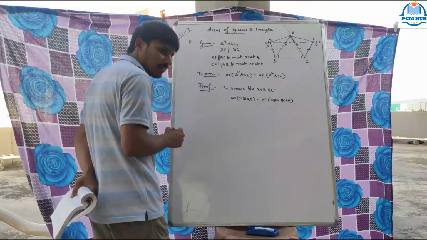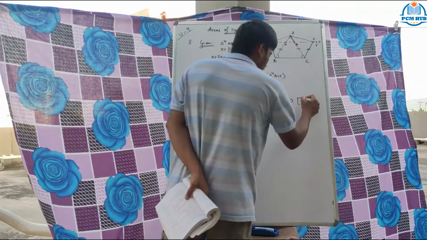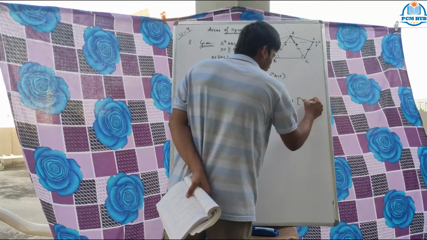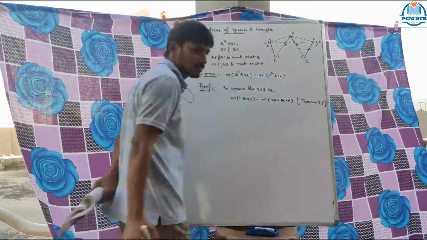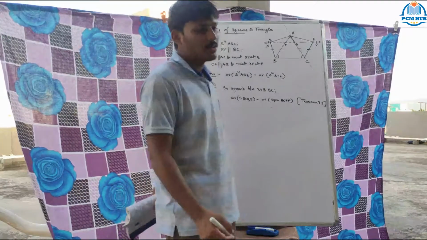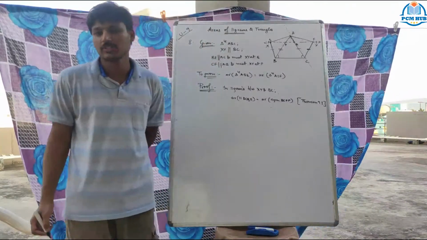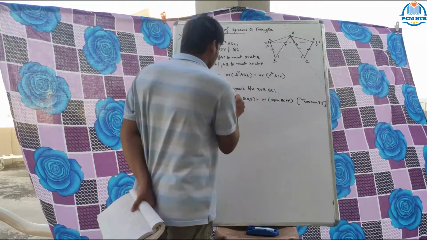Why? You can write theorem number 9.1. What is theorem 9.1? Parallelograms on the same base and between the same parallels are equal in area. Already you have done it.